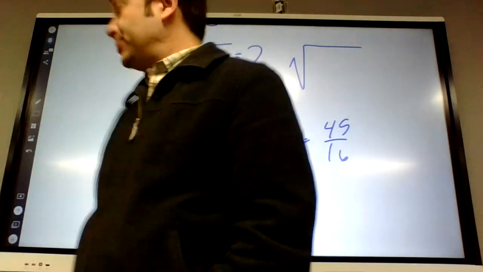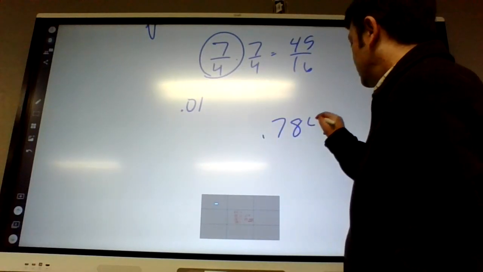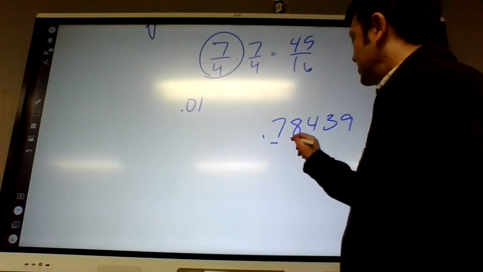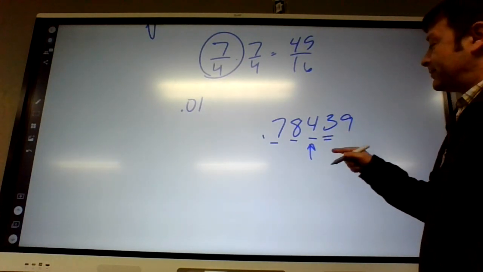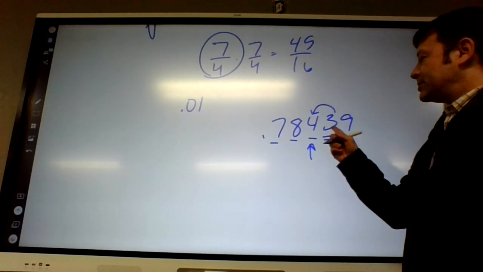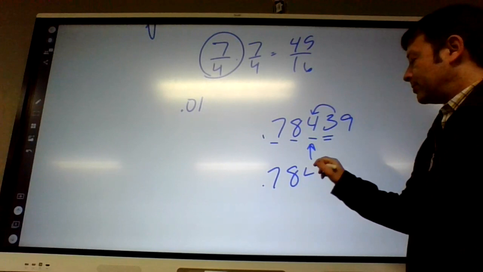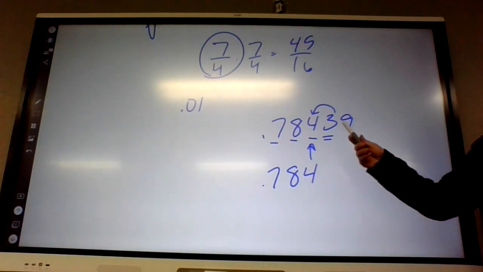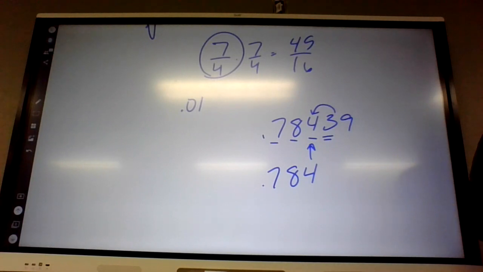If we're rounding to the thousandth place, tenths, hundredths, thousandths, that's the thousandth place. But to round it to the thousandth place, you'd have to look at the next place over to see whether that rounds up or not. So if it's a number less than 5, it's gonna stay down. If it's a number 5 or greater, it's gonna round up. That's not the answer, it's maybe. What do you get?